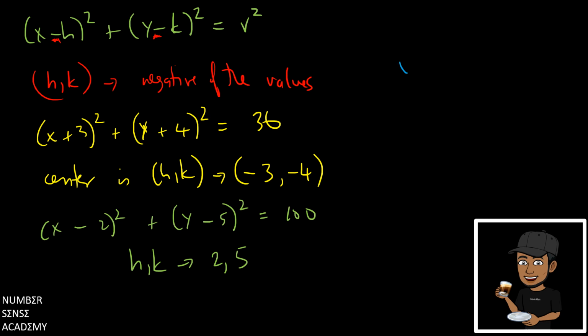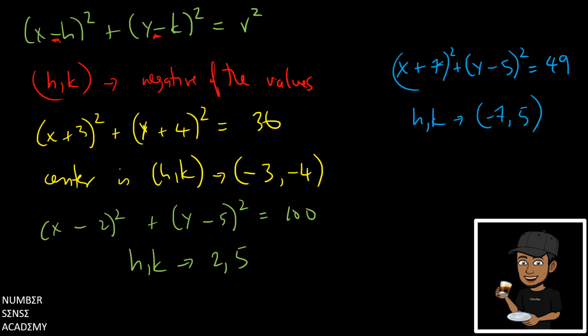If I have x plus 7 squared plus y minus 5 squared equals 49, then h and k are negative 7 and 5. So these represent the centers. And if you have an equation in this form, then you can find the center and you can begin to graph your equation or graph your circle.